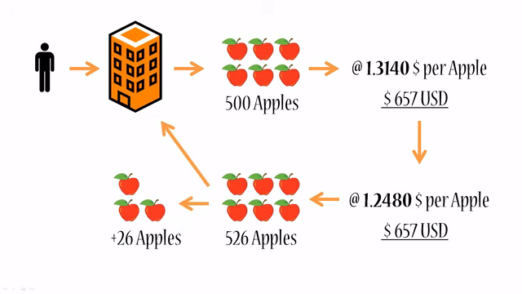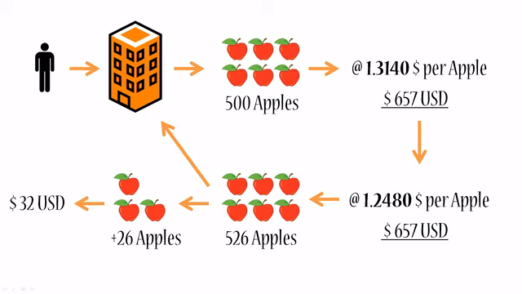You return 500 to the broker, and that means you still have 26 apples of profit in your hands. Because of this transaction, you're left with an extra 26 apples. And now what you do with these 26 apples is you convert them back into US dollars at the exchange rate at the time. And that basically means that now you have a profit of 32 US dollars.